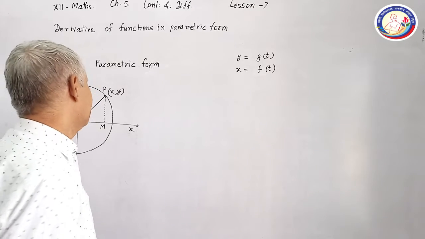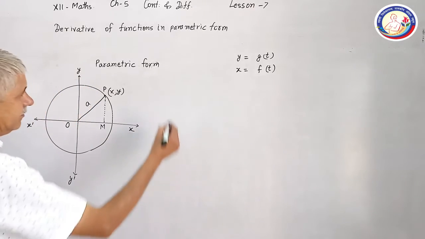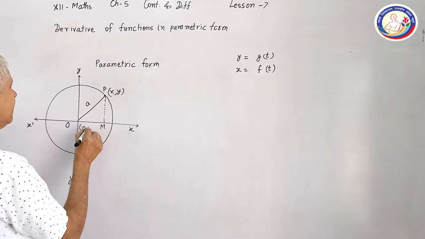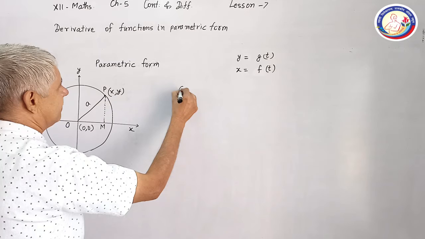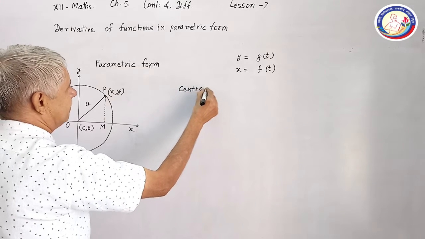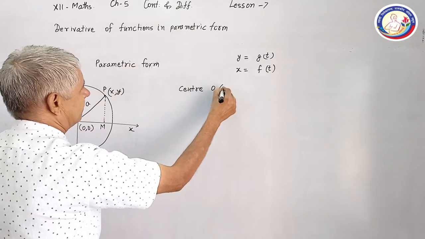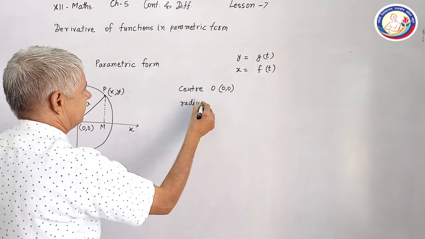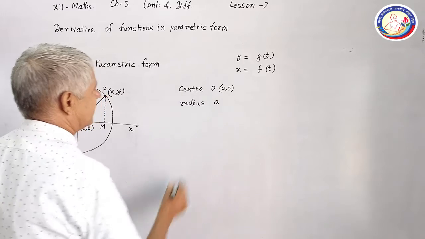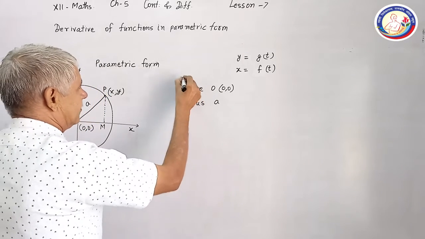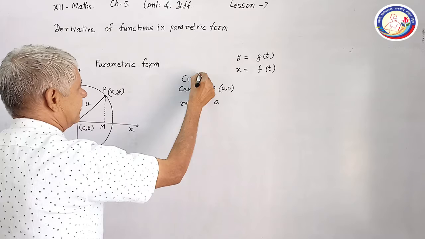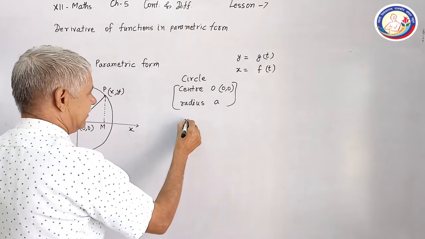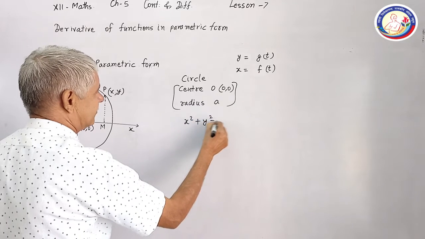To explain it, I am taking an example. The equation of a circle with center at the origin and radius a is x square plus y square equal to a square.